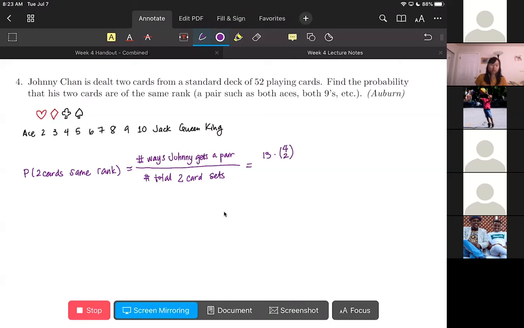So I can pick heart diamond, heart club, heart spade, diamond club, diamond spade, or club spade. That's 6. So this is 13 times 6. And the number of total ways we can pick 2 cards, here we're going to use combinations, is 52 choose 2.